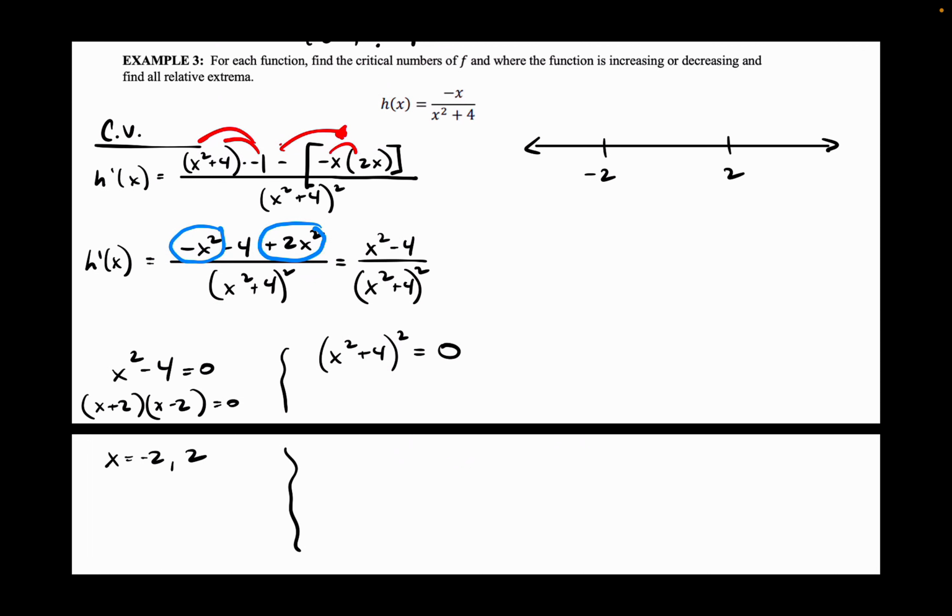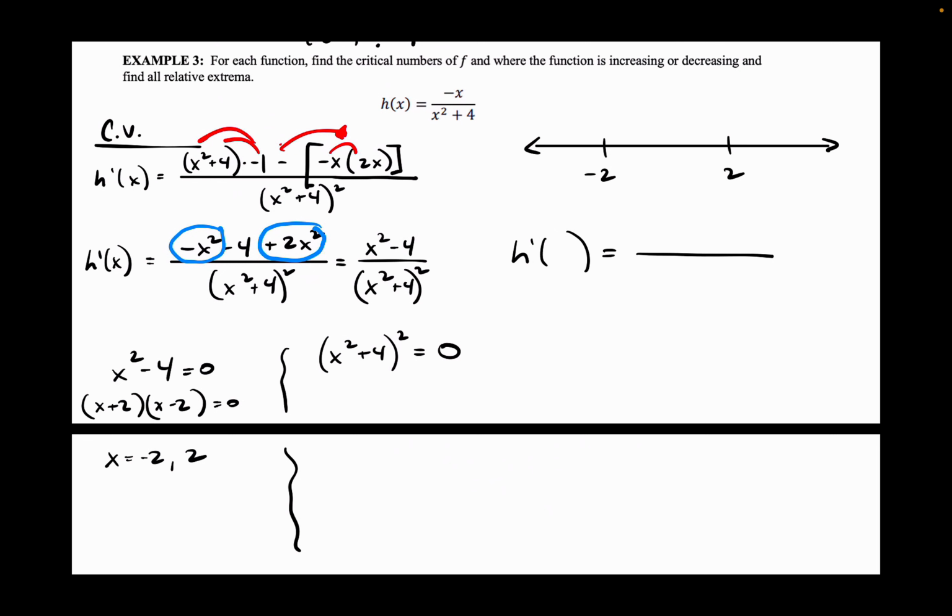Okay. Now we have to figure out where it is increasing and where it is decreasing. So we're going to use the first derivative. Pick a number to the left of negative 2: negative 3, negative 4, negative 5, whatever number you want. It doesn't matter.